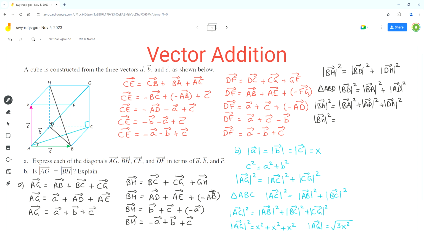So their magnitude is equal to x. So we can apply the square root to both sides.